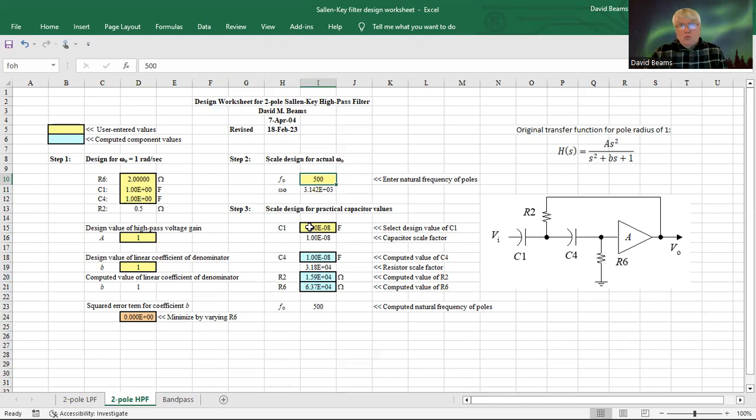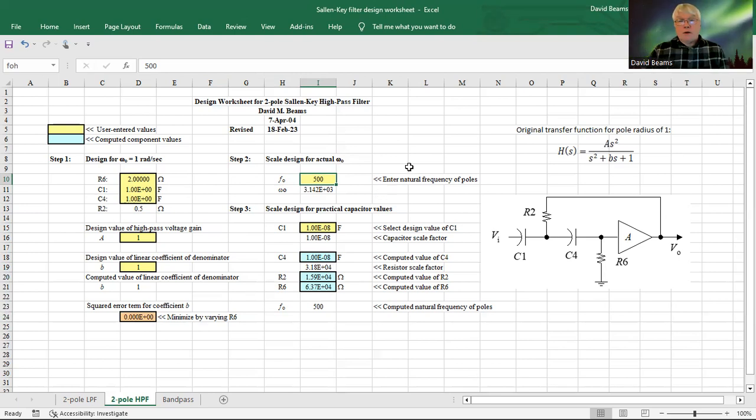That's a readily available standard value. Since we initially had equal values for C1 and C4, the final value of C4 is equal to the final value of C1, or 10 nanofarads. And that produces R2 of 15.9 K and R6 of 63.7 K. So now we have our design.